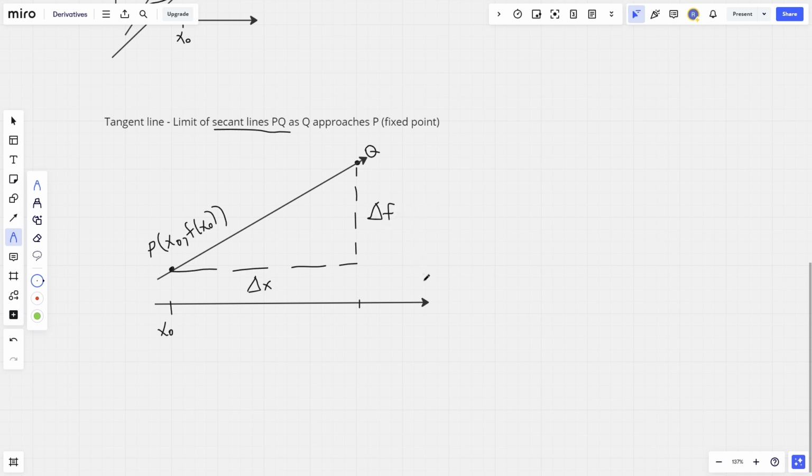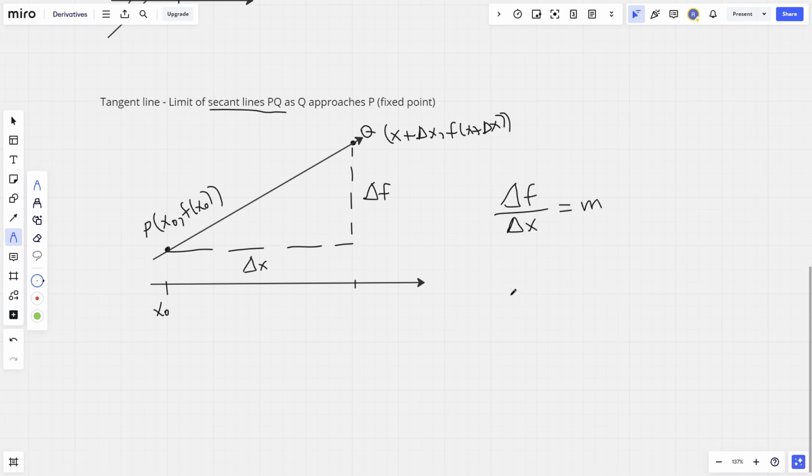And this point would be x0 plus delta x, comma, f of x0 plus delta x. If we look at the slope of the secant line, rise over run, you're going to see it's delta f over delta x. So this is the slope of the secant line PQ.